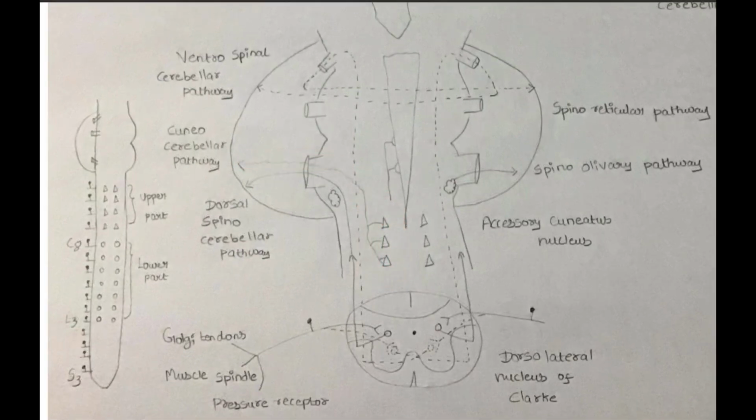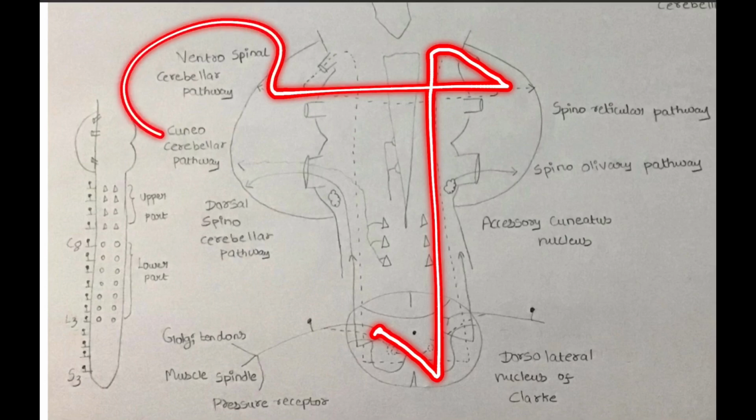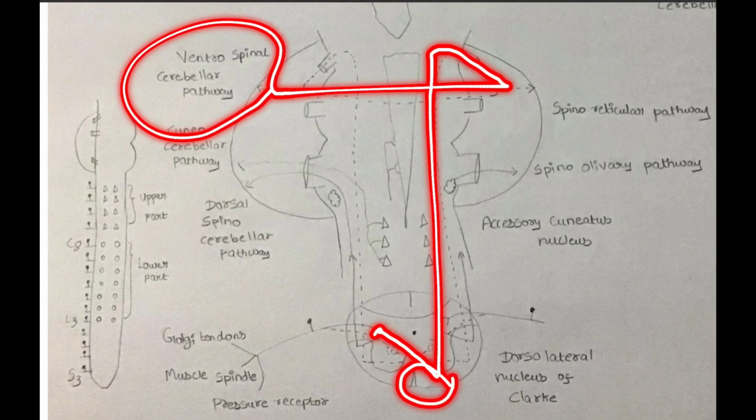Sensory nerve fibers from the second order neuron go to the contralateral side in the anterior side, then move upwards, then through the superior peduncle go to the cerebellum and again to the ipsilateral side.